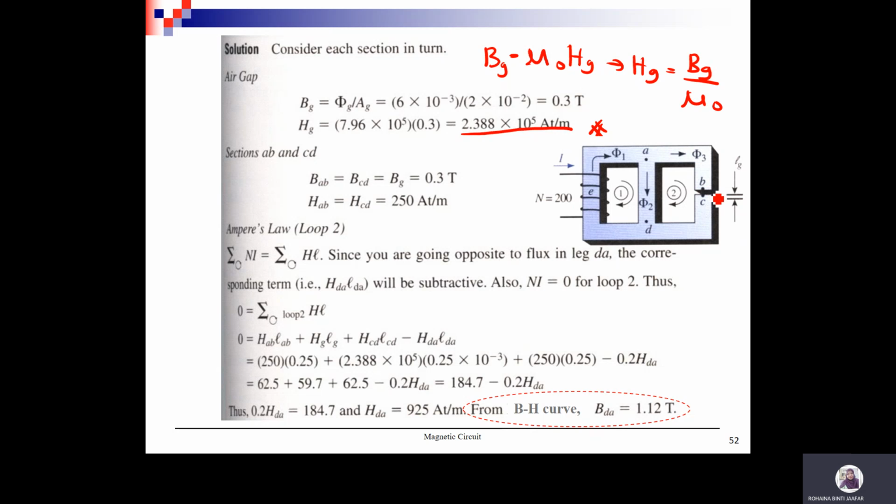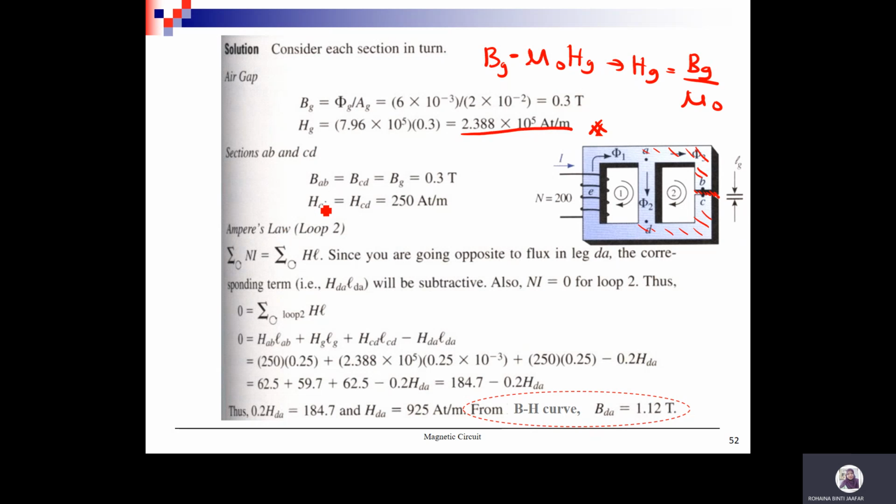So this is your air gap. That's why you can say that the flux density at AB equals the flux density at CD, which is equal to 0.3 Tesla.